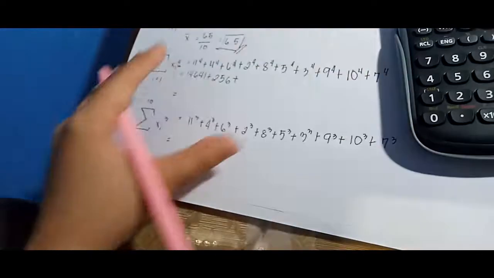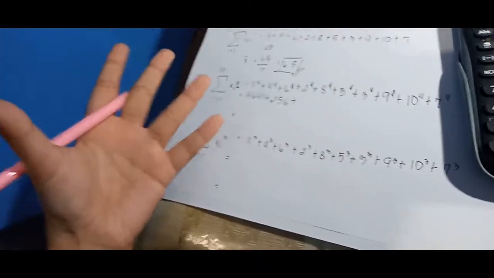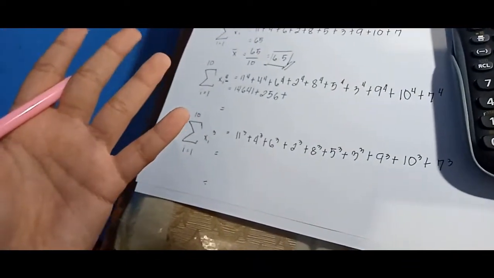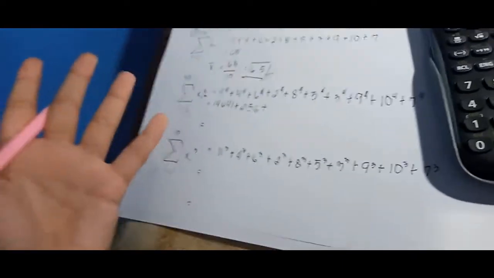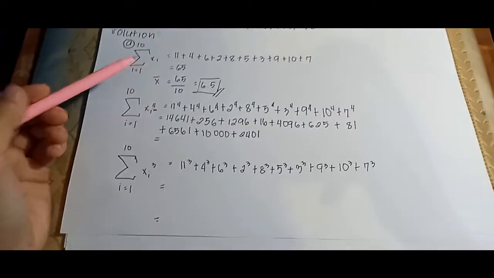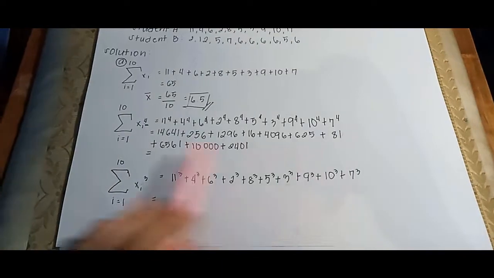So, I'll be doing all of this and I'll get back to you after I'm done raising all of this into 4s. Okay, so I'm back and I solved all of this.